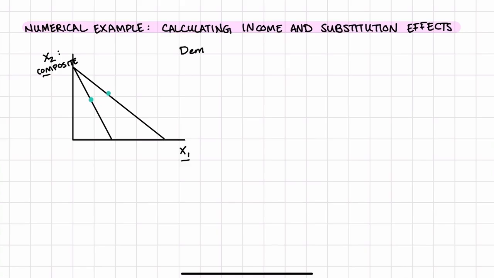Let's say the demand for good one is represented by x1 equals 10 plus our income M divided by 10 times P1. And let's suppose we have income M of $120 and that the price of good one starts out at $3. So what's our demand for good one at this original budget constraint?